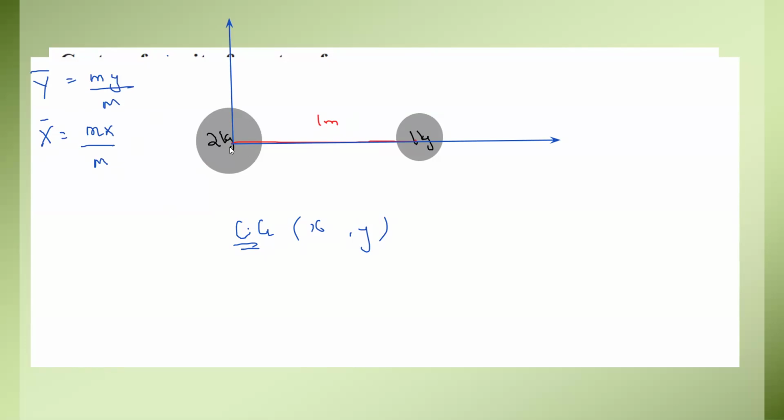So when we work out the x coordinate, the mass is 2 and the distance, because this is at the origin, the x-axis distance is 0, plus the mass is 1 and the distance is also 1, divided by the sum of the masses 3, because 2 plus 1 makes 3.